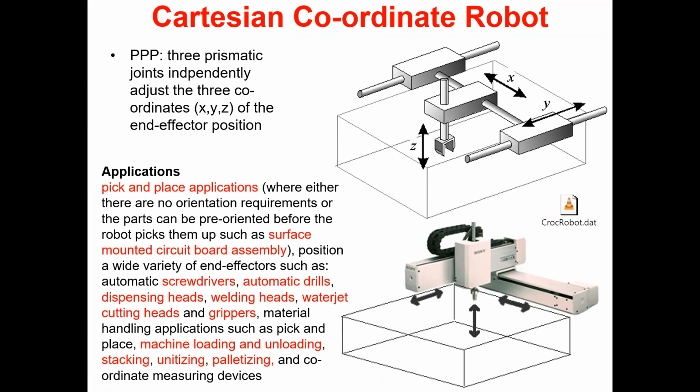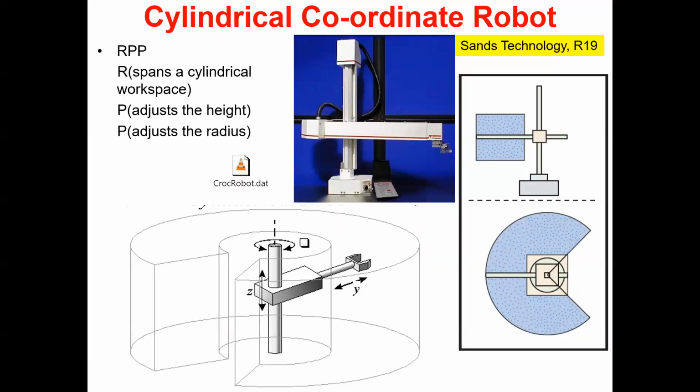Prismatic is another name for sliding joints or linear joints. Using the same shorthand notation, the cylindrical coordinate robot is RPP: a rotary joint and 2 prismatic joints.